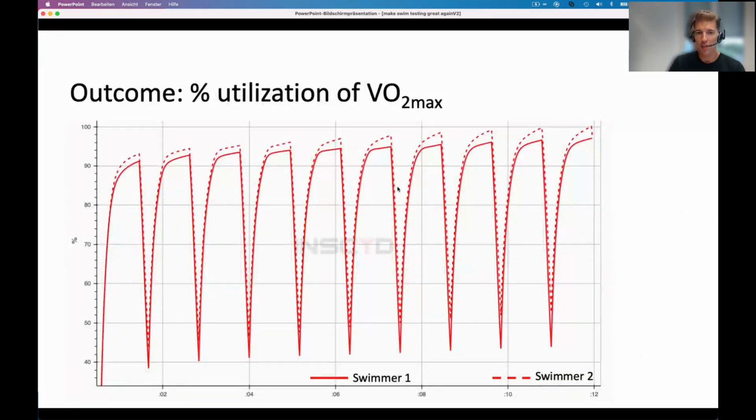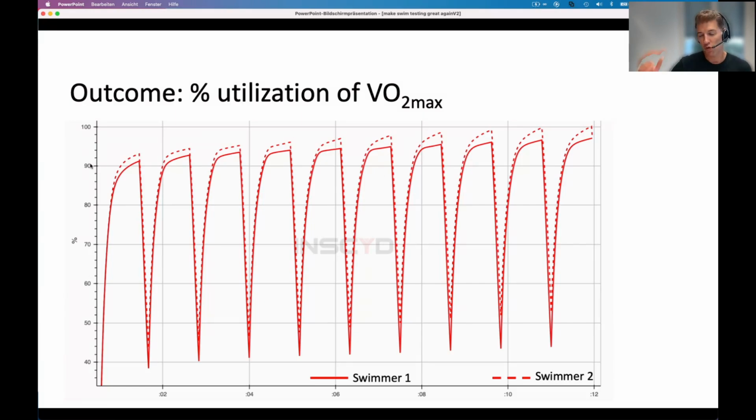You will always see the solid line as swimmer 1 and the dashed line as swimmer 2. Again, swimmer 2 was the low glycolytic guy. And what you see here is exactly this percentage utilization of VO₂max. You can see immediately that they both spent most of the intervals above 90%, right? 90% is on the left side here.